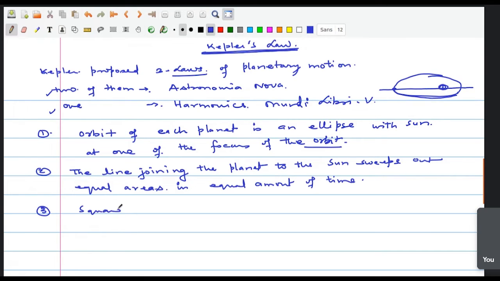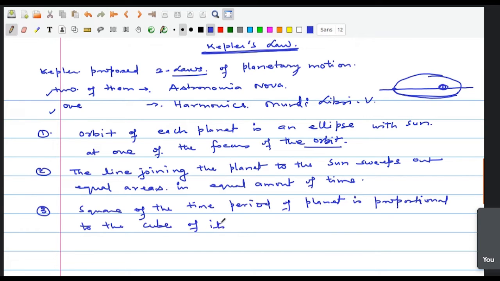And the third one is that the square of the time period of a planet is proportional to the cube of its mean distance to the Sun.